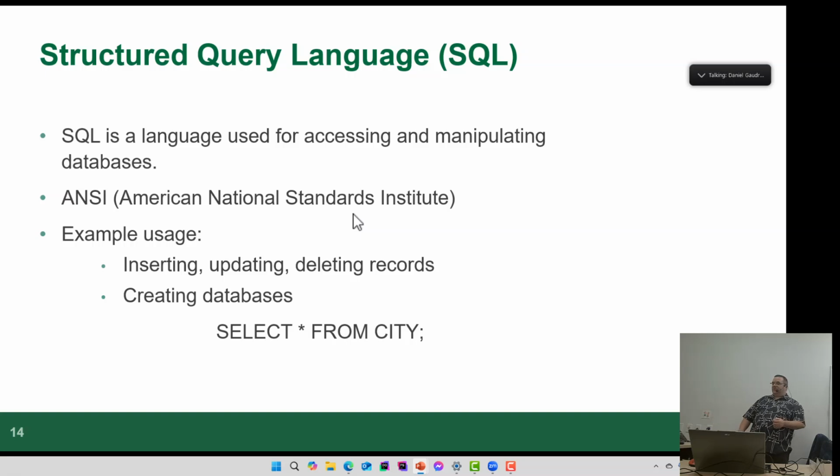All right, so now I'm going to talk SQL. You'll notice I don't call it SEQUEL, because you'll hear people say, oh yeah, no, I'm going to be learning SEQUEL. No, you're learning S-Q-L. There's a reason why people call it that. When IBM was creating it back in the day, they were planning to call it SEQUEL.